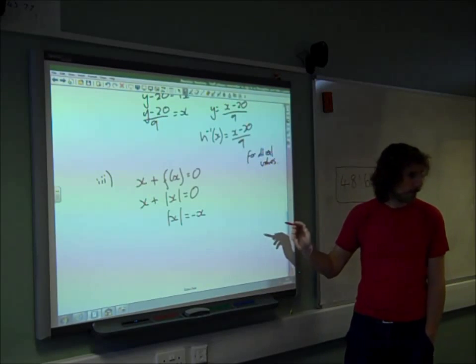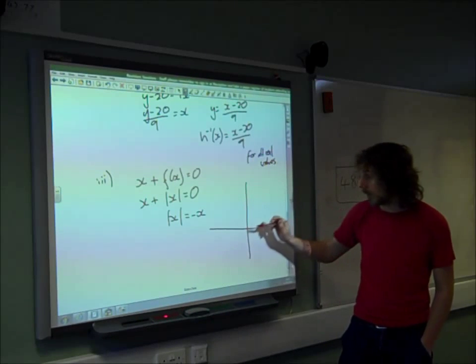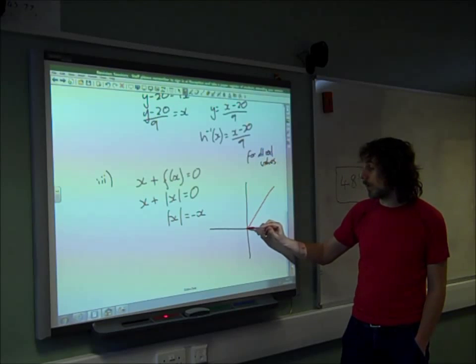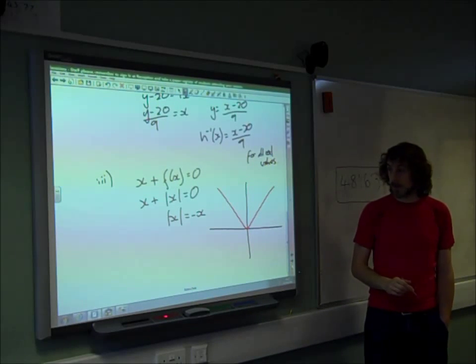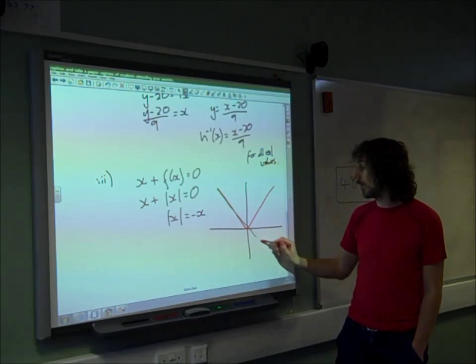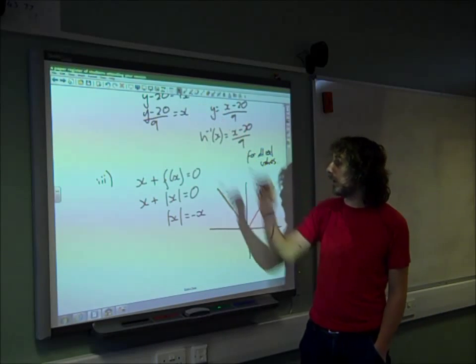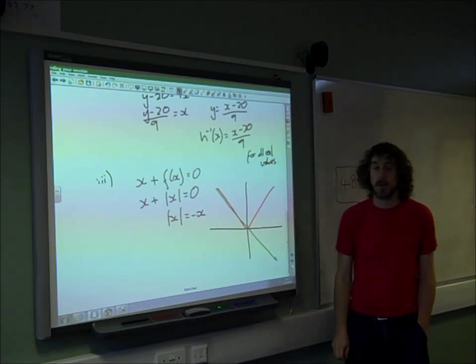Well, if we think back to the graphs that we know about of these things, the modulus of x is a graph that goes like that, and y equals minus x is a graph that goes, I missed slightly, but you know the idea. It goes like that. That's a terrible drawing.